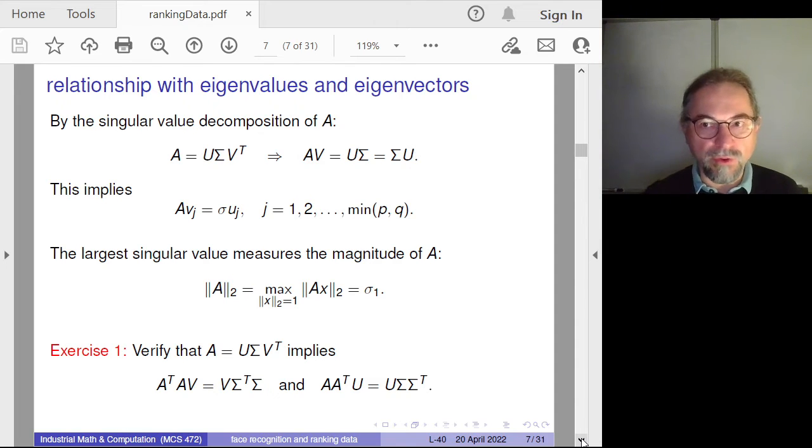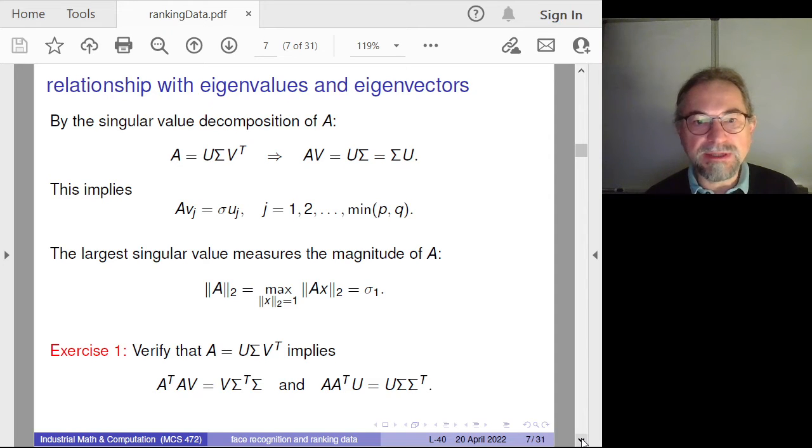So we have an orthogonal basis of eigenvectors of A transpose A. And the second identity at the bottom right of this exercise says that the columns of the matrix U are the eigenvectors of A times A transpose.